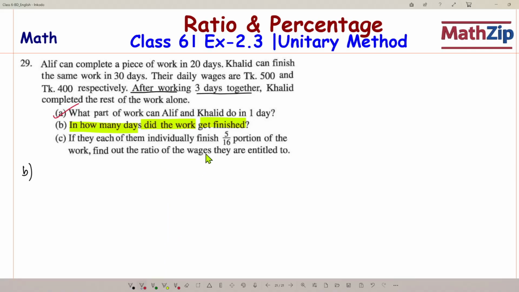So first we have to find out how many parts can be completed in 3 days. Together they complete 1/12 part in one day.